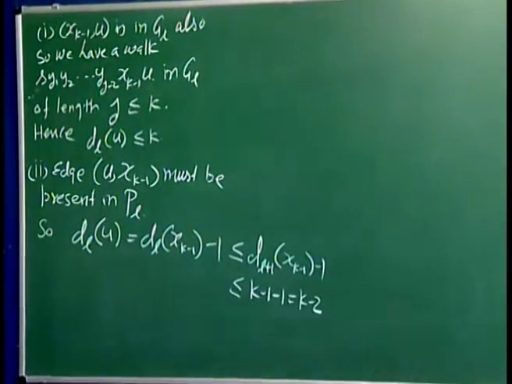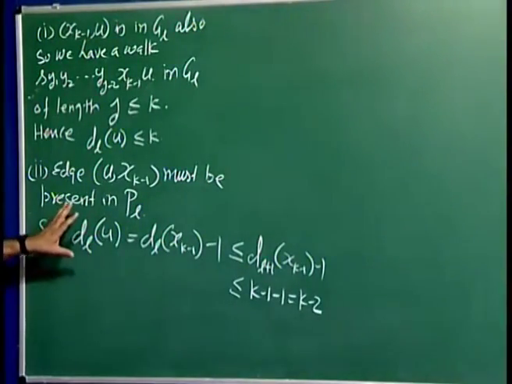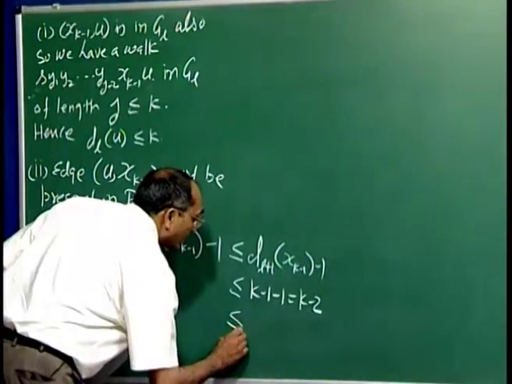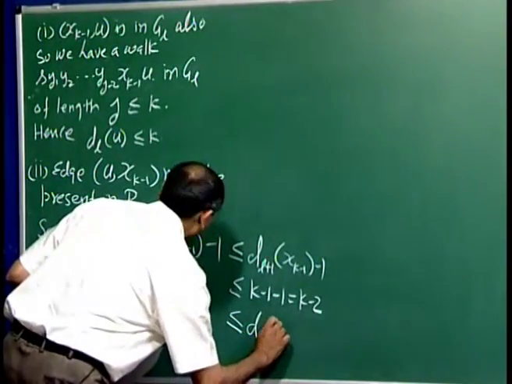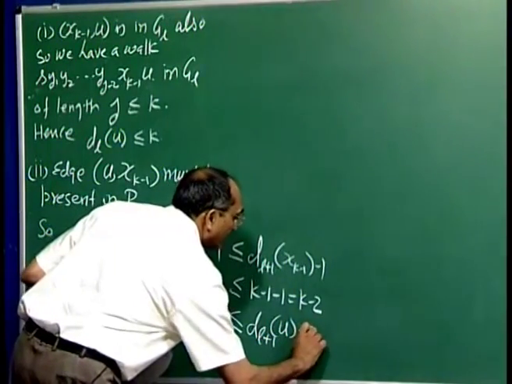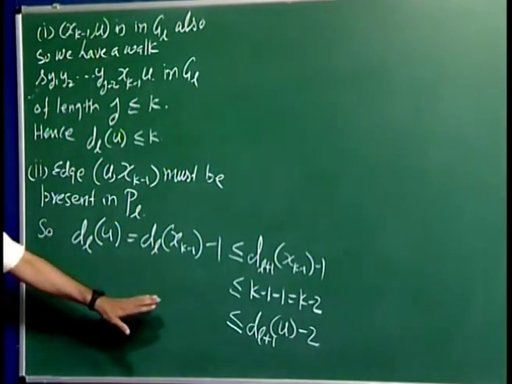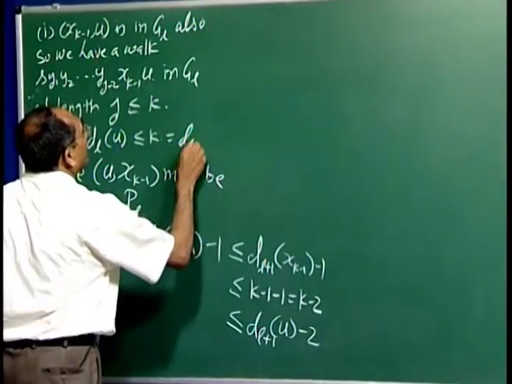So, if I assume that my PL is the shortest path, then this is of course less than equal to dL plus 1 u minus 2. So, in both the cases, this is actually equal to dL plus 1 u.